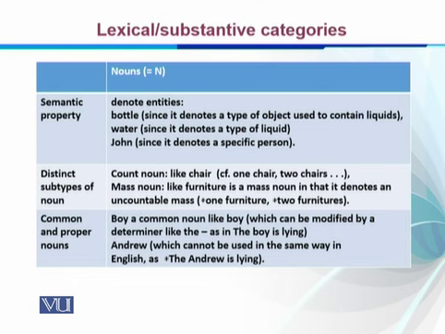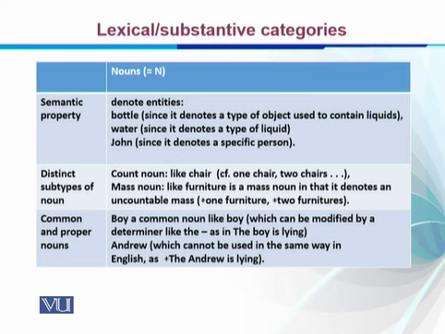Semantic property. A noun describes some entity. For example, bottle is an entity, right? It refers to an object used to contain liquids. Water denotes a type of liquid.